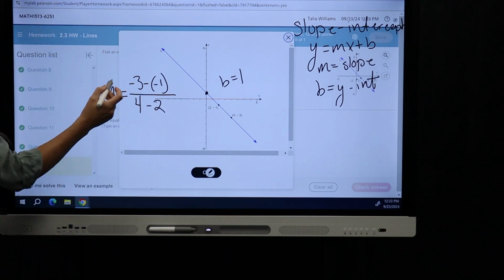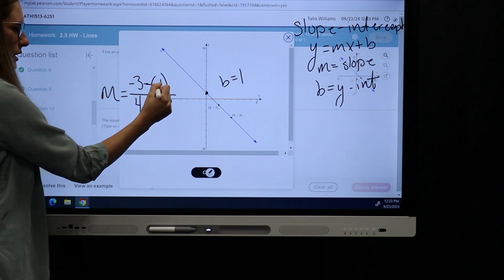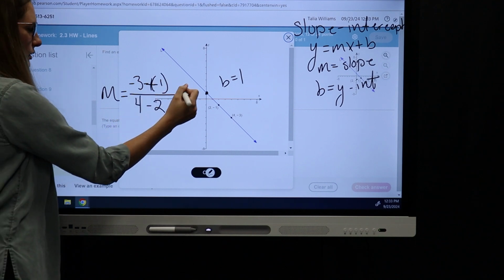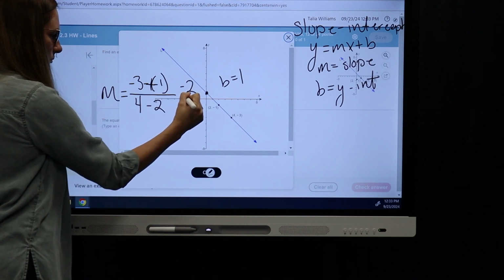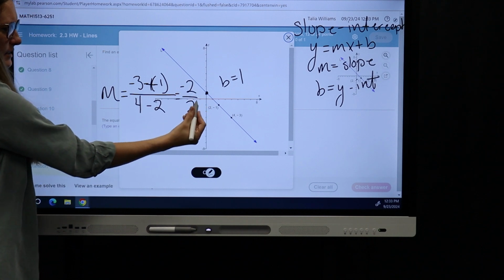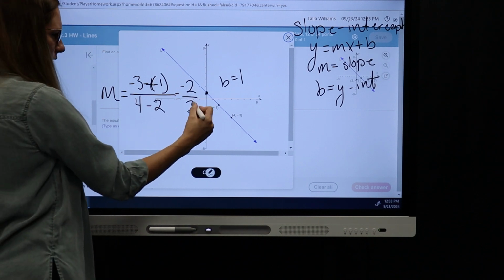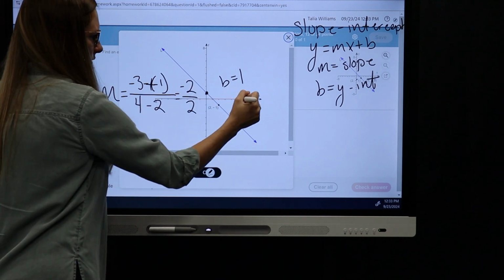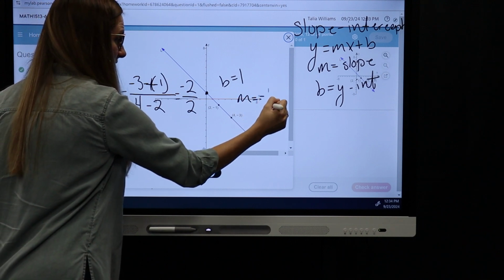Then -3 subtract a -1, this is going to change to a positive. So -3 plus 1 would be -2. 4 subtract 2 would be 2. That reduces because -2 divided by 2 is going to be -1. So our slope is going to be -1.